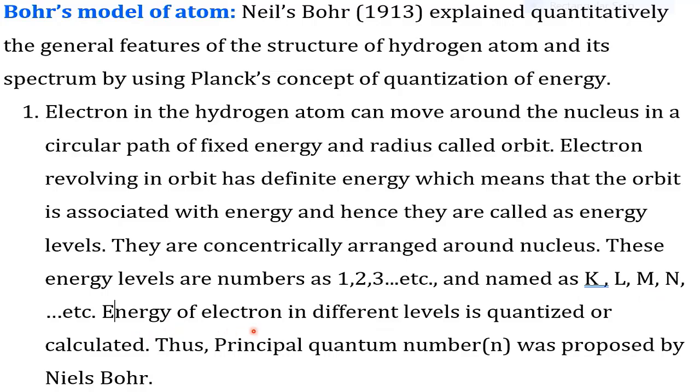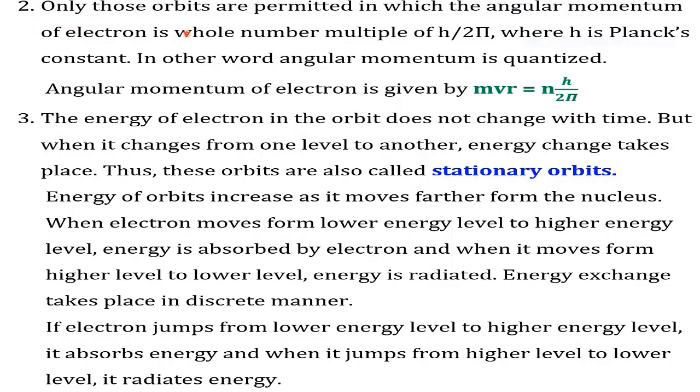Energy of the electron in different levels is quantized or calculated. Thus, the principal quantum number was proposed by Niels Bohr. Only those orbits are permitted in which the angular momentum of the electron is a whole number multiple of h/2π, where h is Planck's constant.